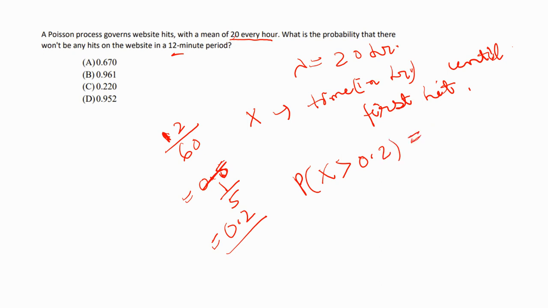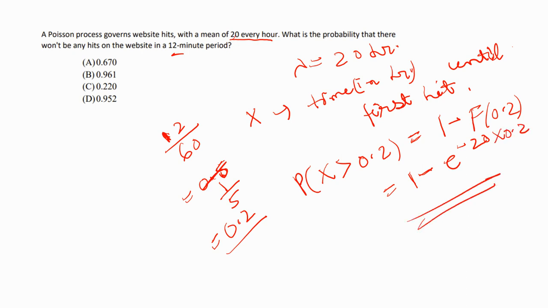So it will be x greater than 0.2. So it will be 1 minus F of 0.2, and it will be 1 minus, 1 minus e to the power minus lambda x. So lambda is 20 and x is 0.2. So that will be the answer.